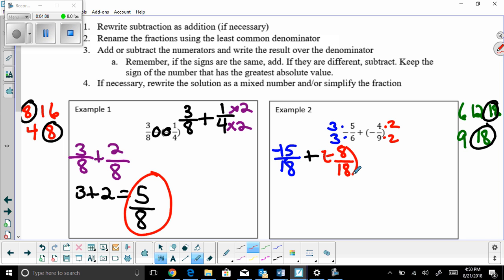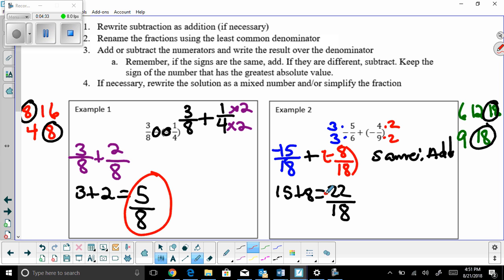Well, the signs are the same, so because they have the same sign, I need to add. So let's do it. 15 plus 8 gives me 23, and then I need to keep the denominator, which is 18. Both fractions are negative, so I know that my final answer is negative 23/18.